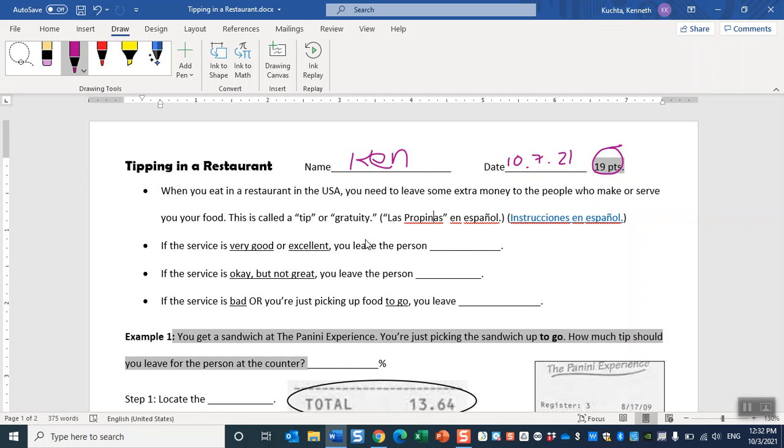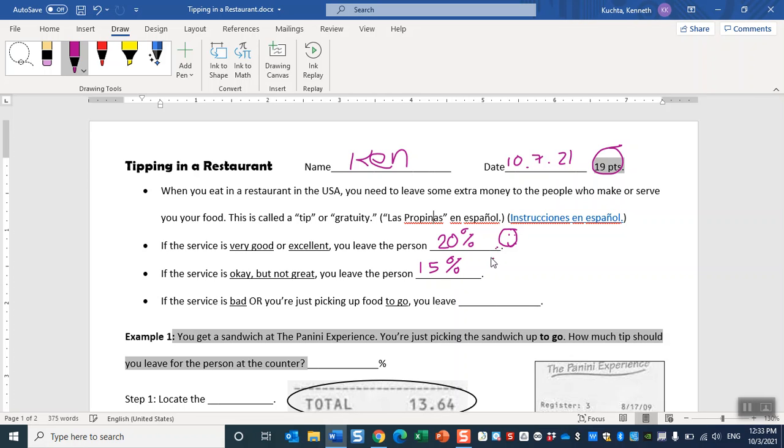All right. If you go to a restaurant and the service is very good or excellent, you leave the person 20% tip. Okay, you're happy. If the service is okay but not great, you leave the person 15%.